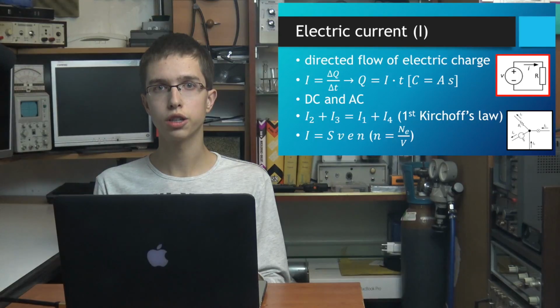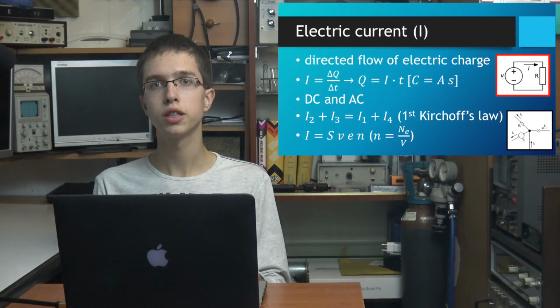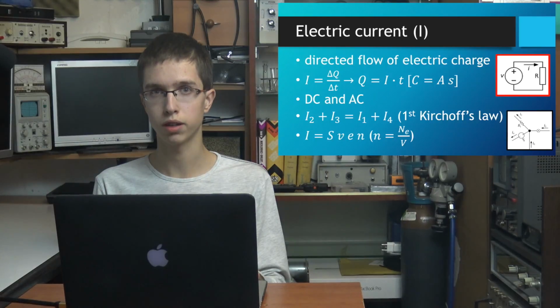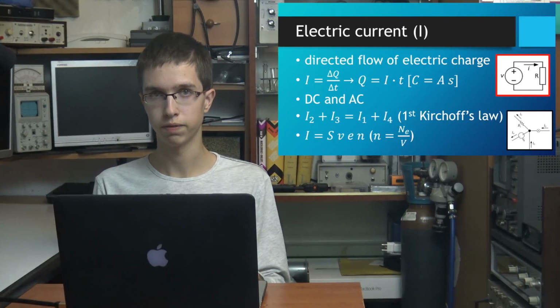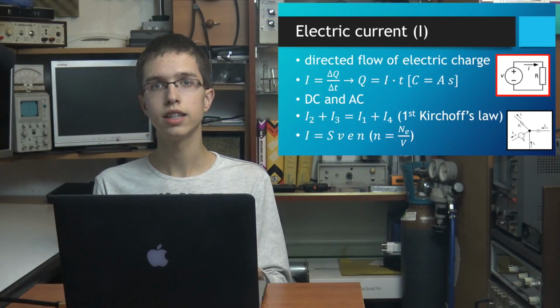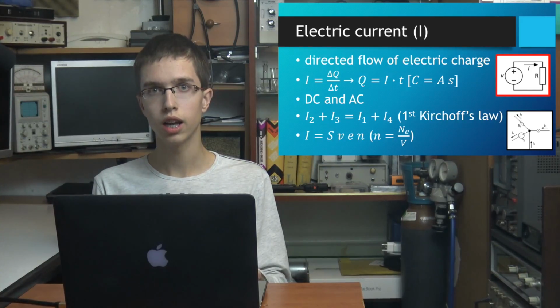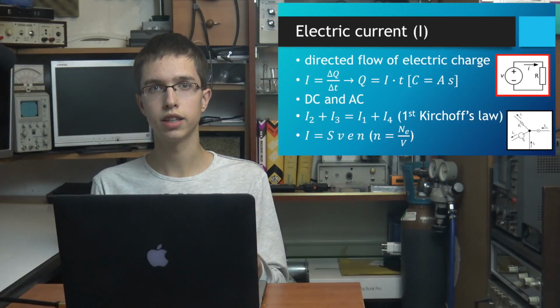Electrons have electric charge of approximately e, which is 1.6 times 10 to the minus 19th power coulombs, which is influenced by electric force F and is situated in electric field E. If we say S is area of cross-section of wire conductor, v is electron's velocity, e is electron's charge, and n is proportion of number of electrons located at unit of wire's volume, then we can get this formula.